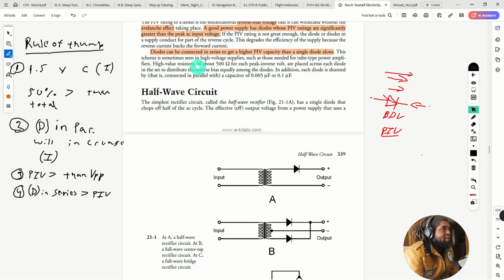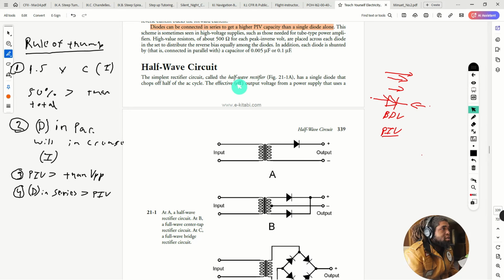High value resistors of 500 ohms for each peak inverse volt are placed across each diode in the set to distribute the reverse bias equally among the diodes. In addition, each diode is shunted by, that is connected in parallel with, a capacitor of 0.005 microfarads or 0.1 microfarads.